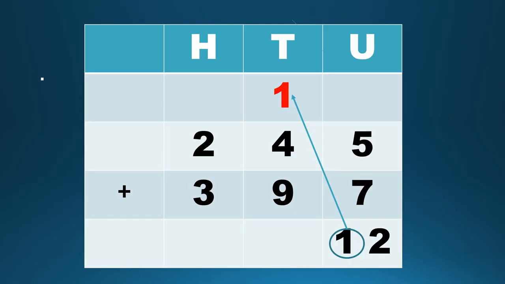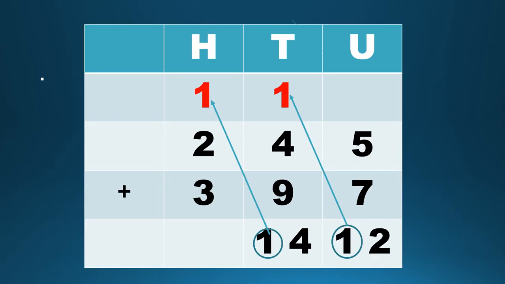So now we have 4 plus 9 plus the carryover. The answer is 14. So we carry over the 1 to the hundreds place. So we have 2 plus 3 plus the carryover 1. The answer is 6.